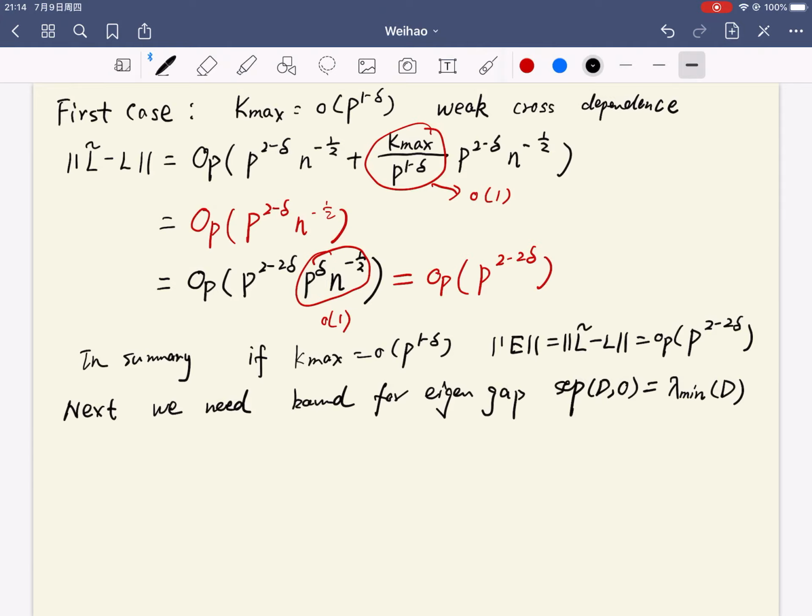Let's define some notation first. This matrix WF is a column combination, which means we put columns together of different matrices to form a big matrix.